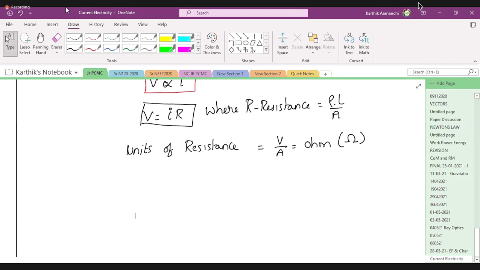Now, can anybody tell me? Don't tell in an unprofessional way. I'm asking a direct question. If temperature increases, what happens to your resistivity? Increases. Very good.